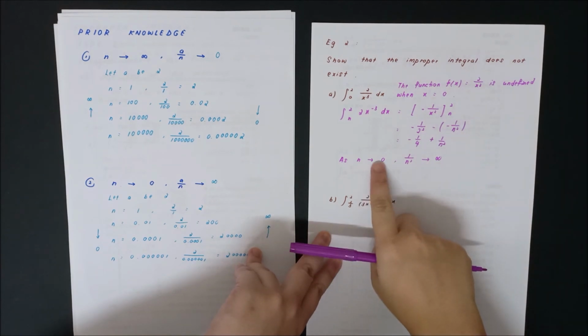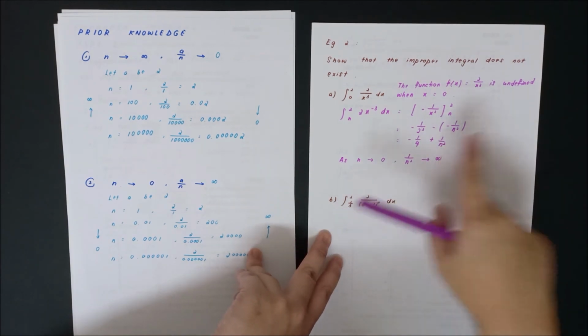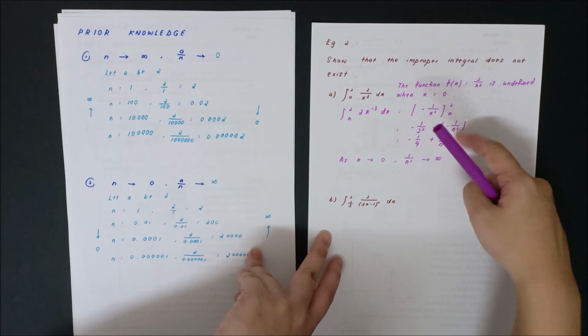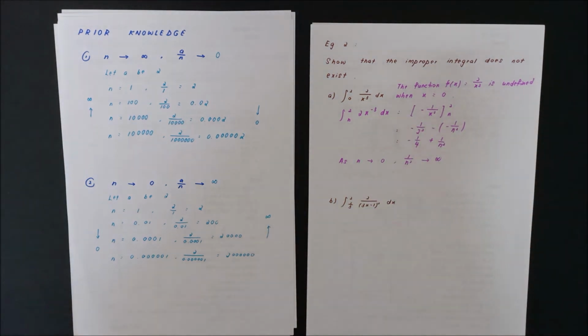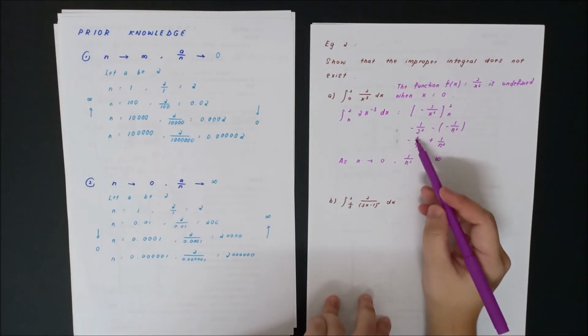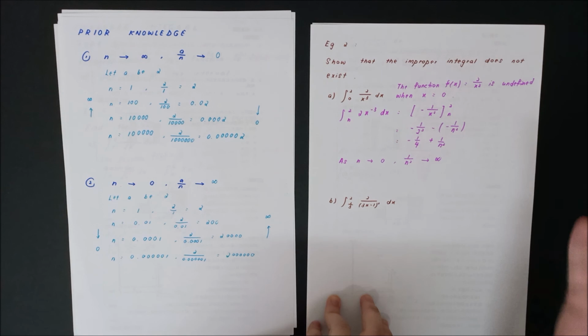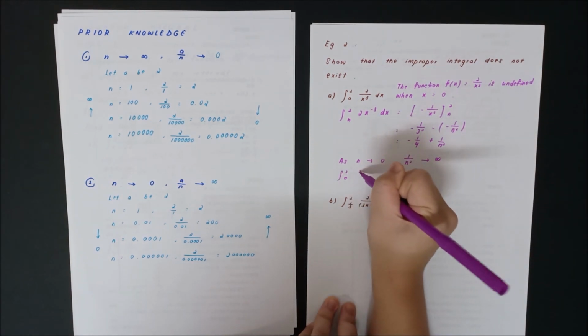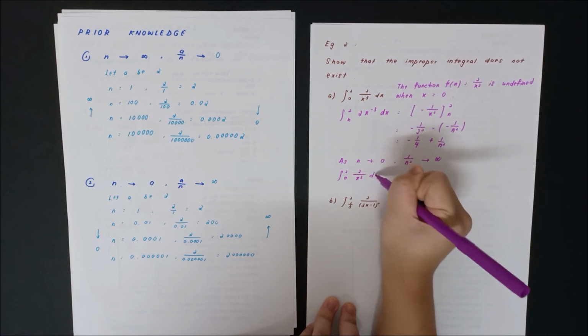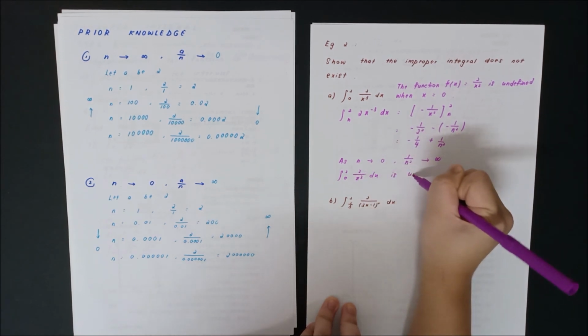Because n is nearer and nearer to 0, meaning n is getting smaller and smaller, the value of your fraction is getting bigger and bigger to infinity. So negative 1 over 4 plus an undefined answer is going to be undefined also. That's why the integral from 0 to 2 of 2x^(-3) dx is undefined.